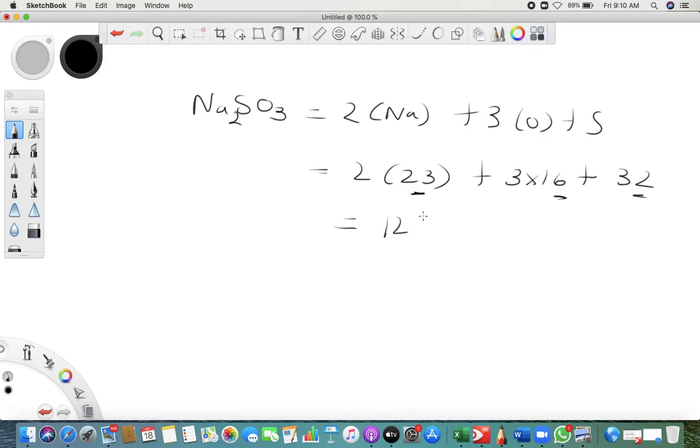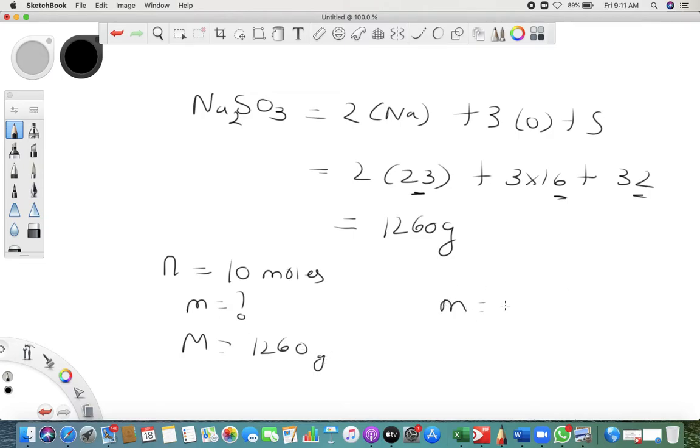So small n is given as 10 mole, small m we are finding and capital M we got as 126 gram. Now m is equal to small n into capital M. That makes it 10 into 126, so it's 1260 gram.